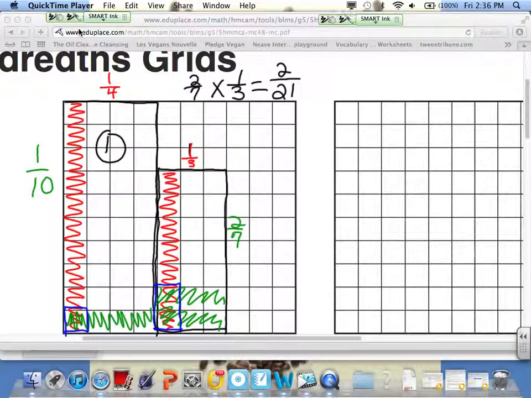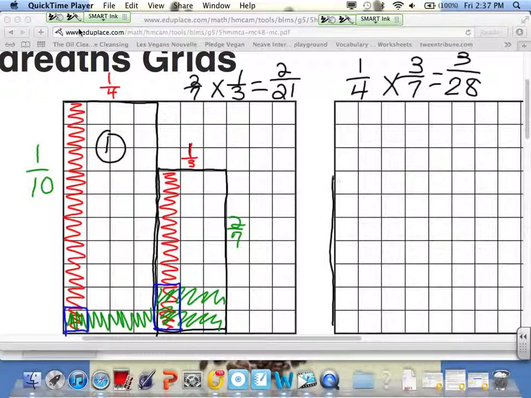Are you guys following her? 1/4 again, we just multiply across, that's the easy part. 1 times 3 is? 4 times 7 is? Okay, now I'm going to make an array that is 7 by 4.